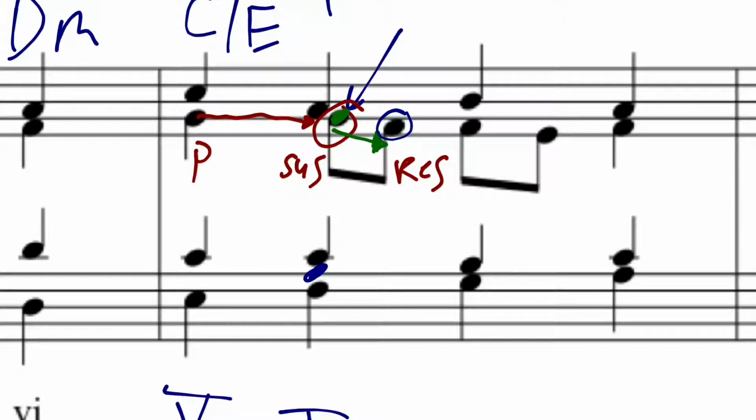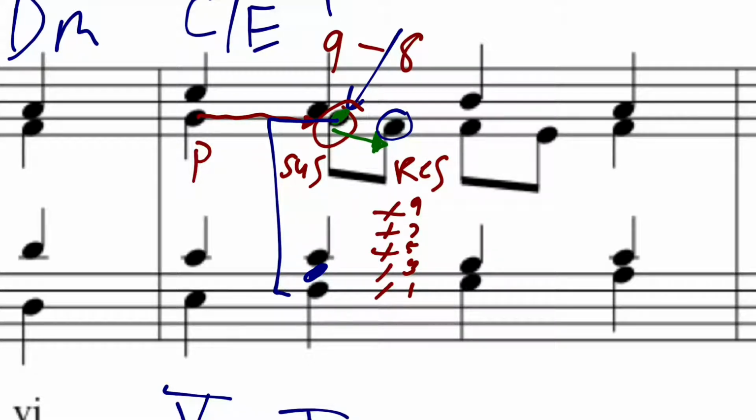So if we look at that outline, here's a G, here's the lowest note, the bass note, and we go, I can say F, A, C, E, G. That's 1, 3, 5, 7, 9. So the suspension then is a 9-8 suspension, because it goes from a 9th here and resolves to an 8th there. Nice and cluttered, huh?